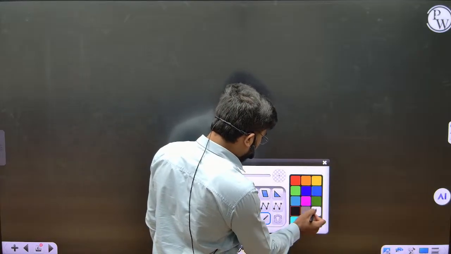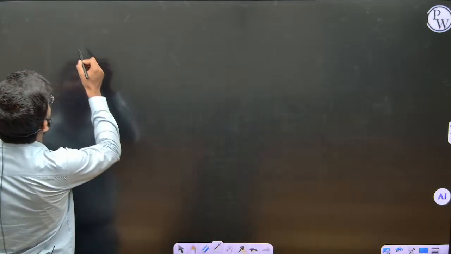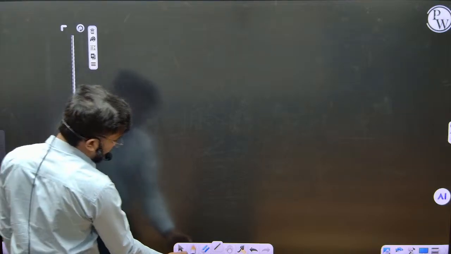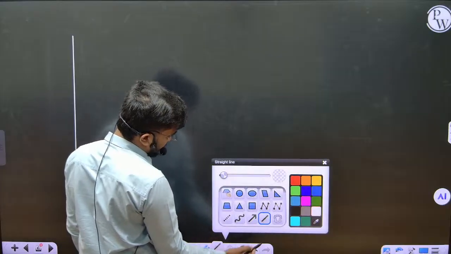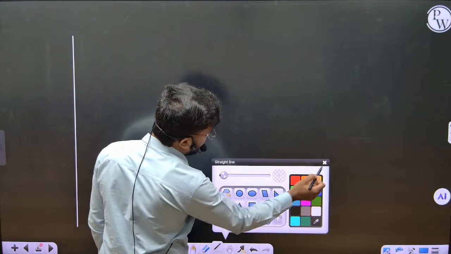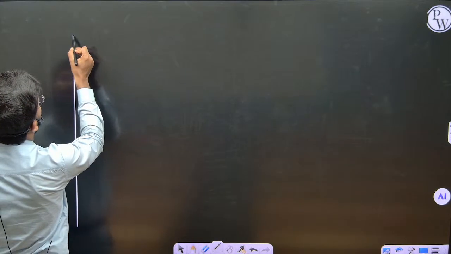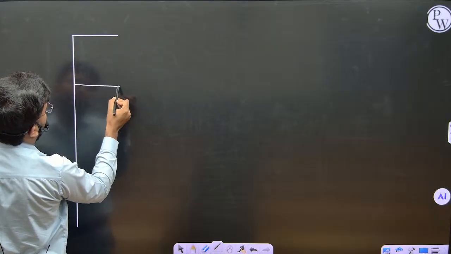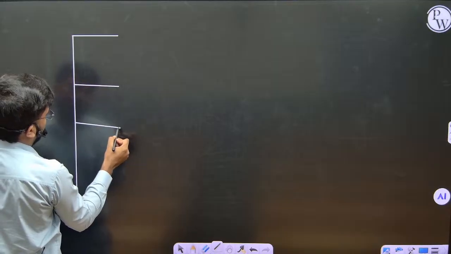Last class we studied which epithelium? Squamous epithelium. We understand that squamous epithelial cells are flat cells having prominent nuclei.